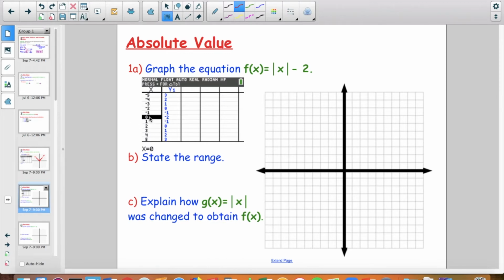So the middle of the pattern was 0, negative 2. So we have 0, negative 2. Then we have 1, negative 1. Then we have 2, 0. Then we have 3, 1, and so on. If you want to graph your points all the way up, by all means.